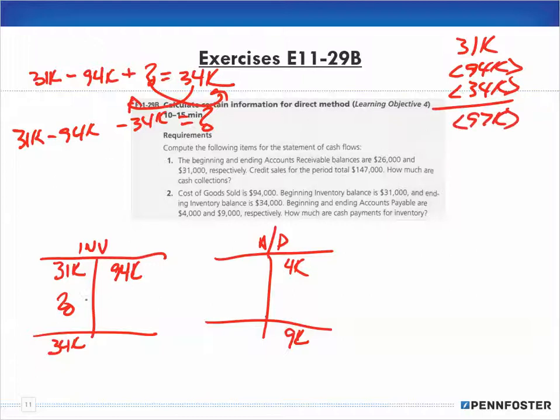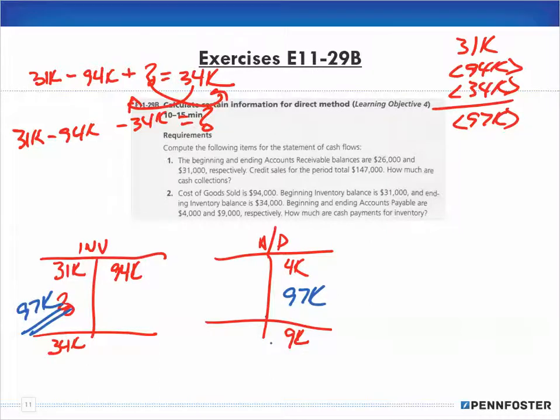So our purchases are 97,000. Because we're buying the inventory, we're increasing our inventory by 97,000.